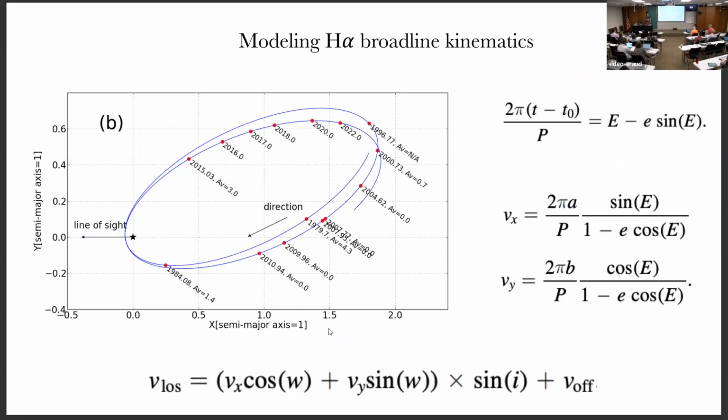So we come up with this cartoon scenario. What if this is the line of sight we're looking at, and the system itself is moving in this direction, moves around, and moves back.